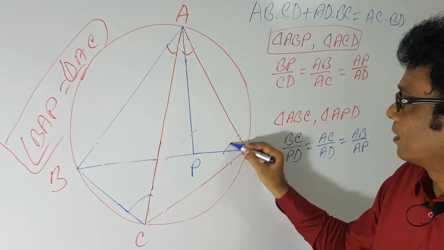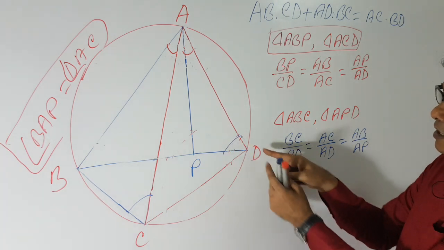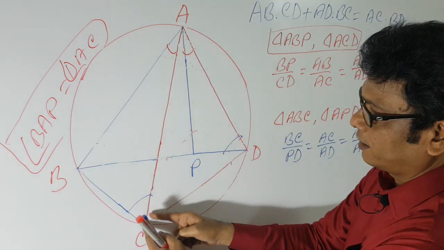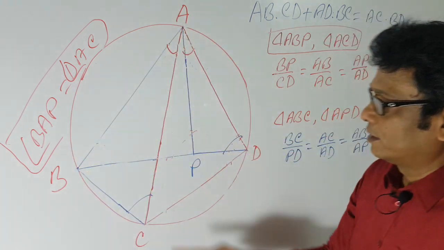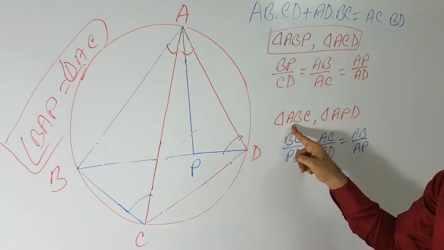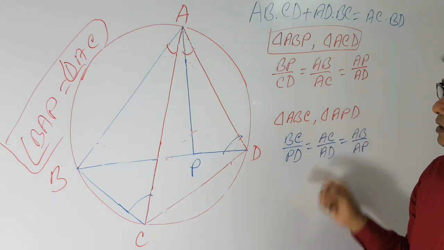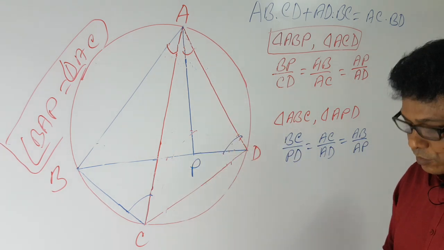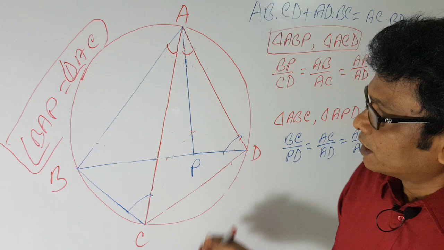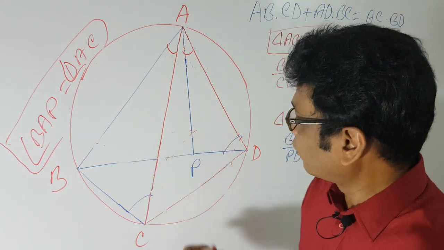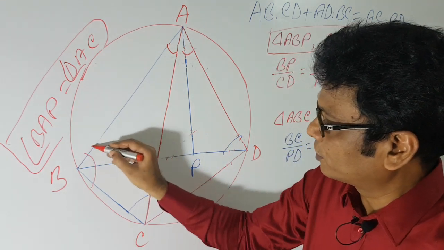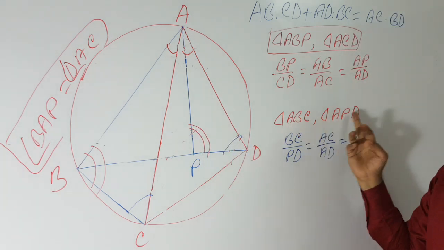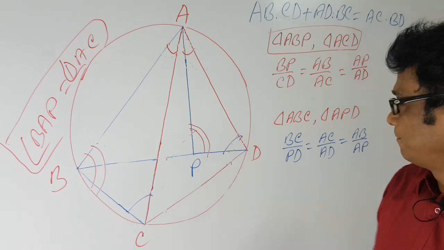This angle equal this angle, standing on the same arc AB. So they are equal. In triangle ABC and triangle APD, this angle equals this angle, this angle equals this angle. So the remaining angle is automatically equal. Okay. They are equiangular and similar.